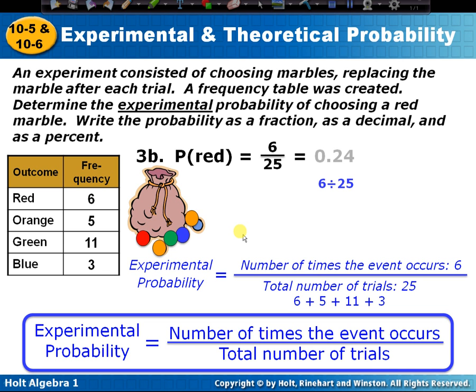We're going to divide to turn that into a decimal, 0.24. We're going to multiply by 100 to turn it into percent, and it's going to give us 24%. So in our experiment, 24% of the time, a red marble was pulled from the bag. Make sure you have down what's in black here in the table.